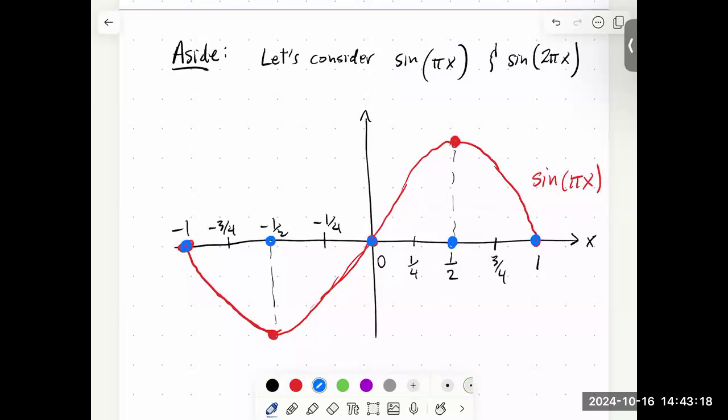Okay, so if I put in a quarter, I'll get sine of pi over 2. So I'll get a +1, and that'll sit here. And then I'll get a -1 at 3/4. I'll get a -1 at -1/4, and I'll get a +1 at 3/4. Okay, and so I'm going to try to draw this sine of 2 pi times x, like so.